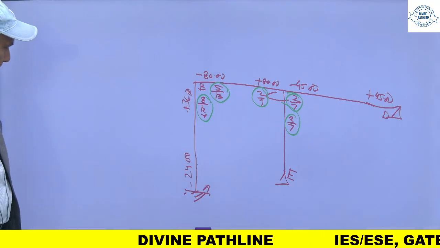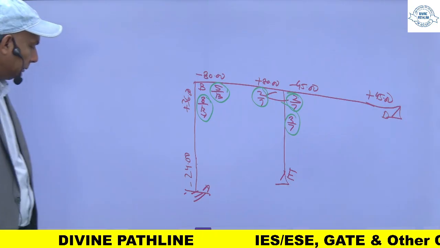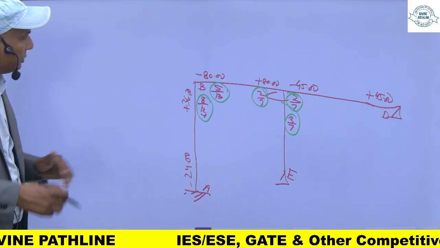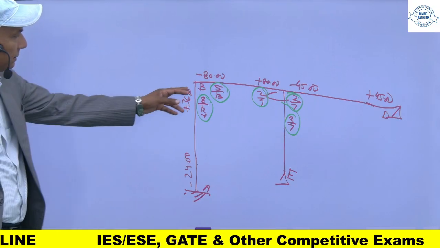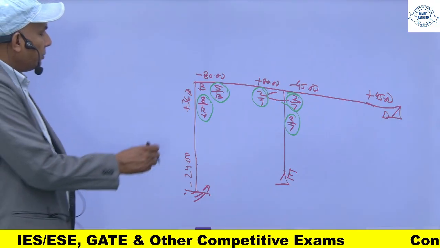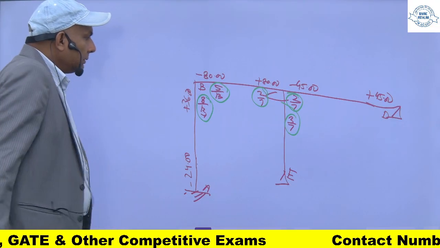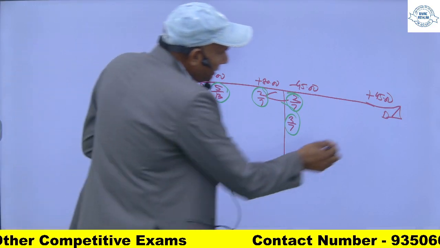Now at this joint, for joint B, the sum of the moments must be equal to, first I will start from this.